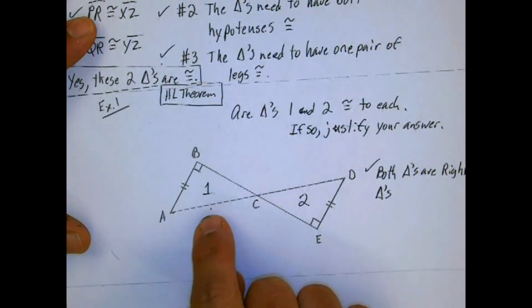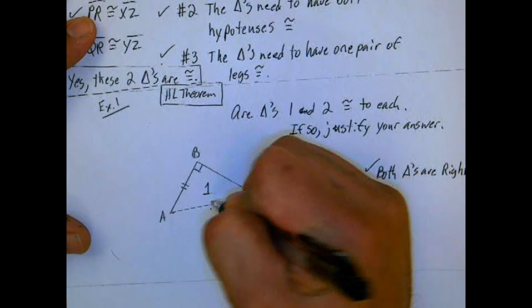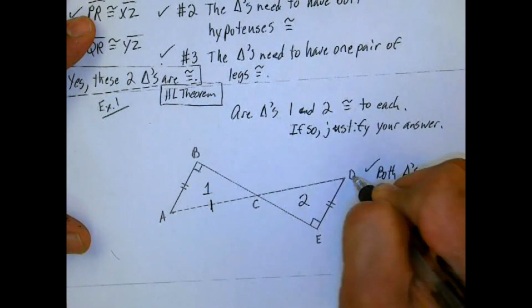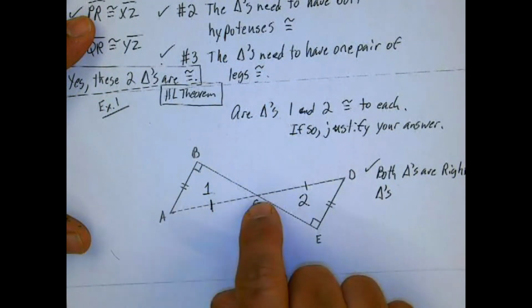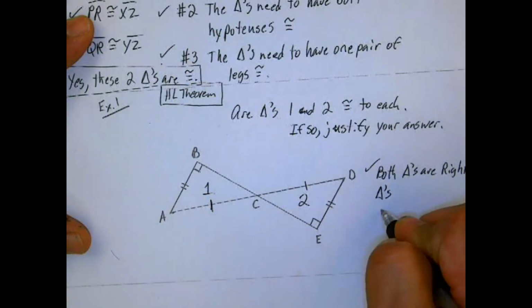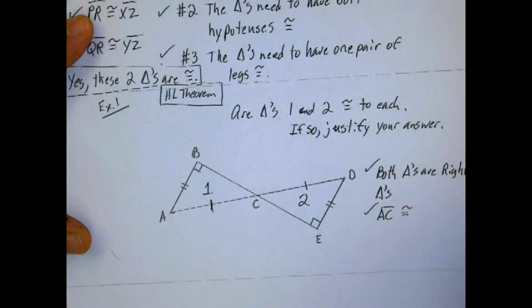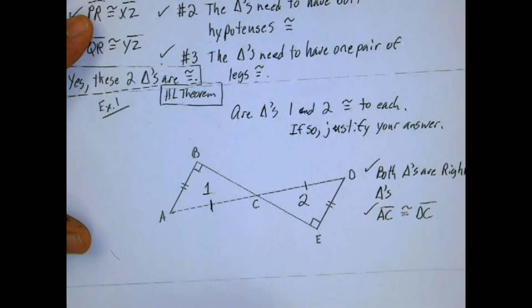And this is the part that I left out so you can actually see it. The book actually indicates that AC is congruent to DC, which is a single tick mark. And these are the hypotenuses for both triangles. So AC is congruent to DC. And these are the hypotenuses, and they are congruent to each other.